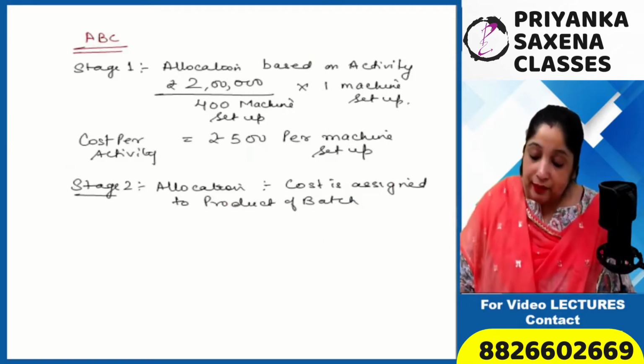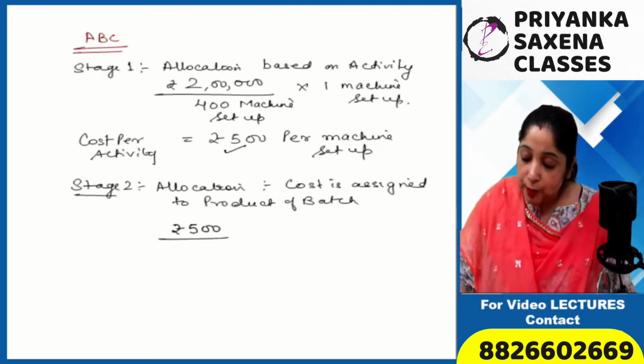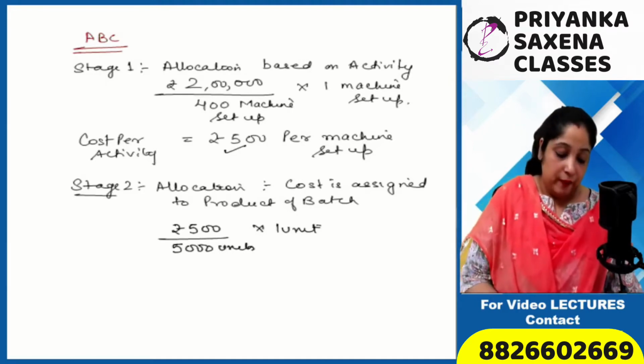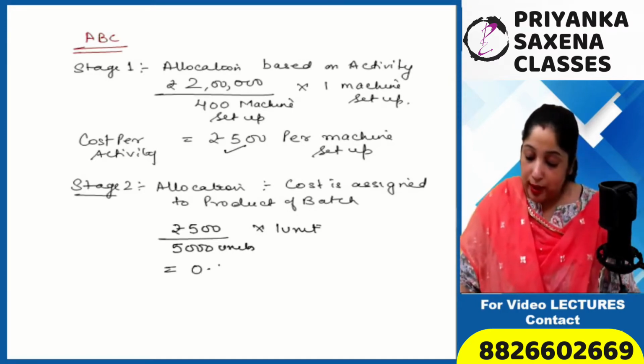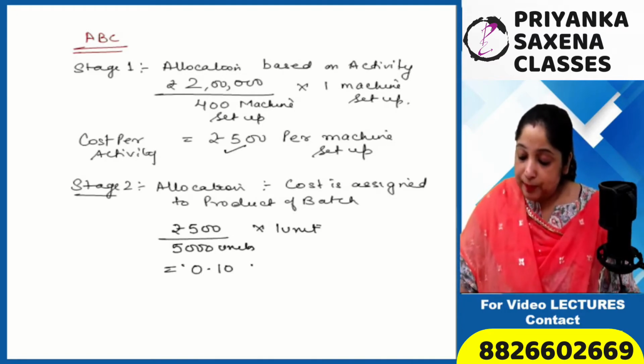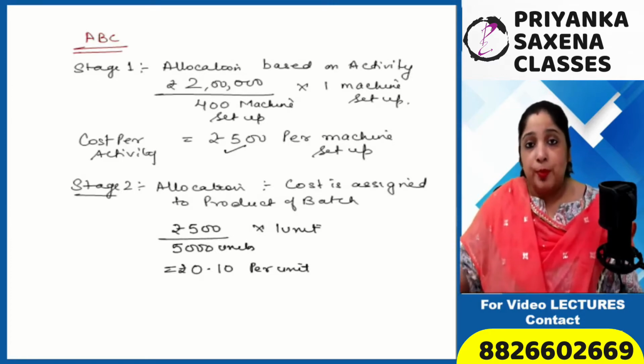So rupees 500 is spent to produce 5,000 units. How much is spent on one unit? 500 divided by 5,000 comes out to be 0.10 rupees per unit. So we have allocated the cost per unit.